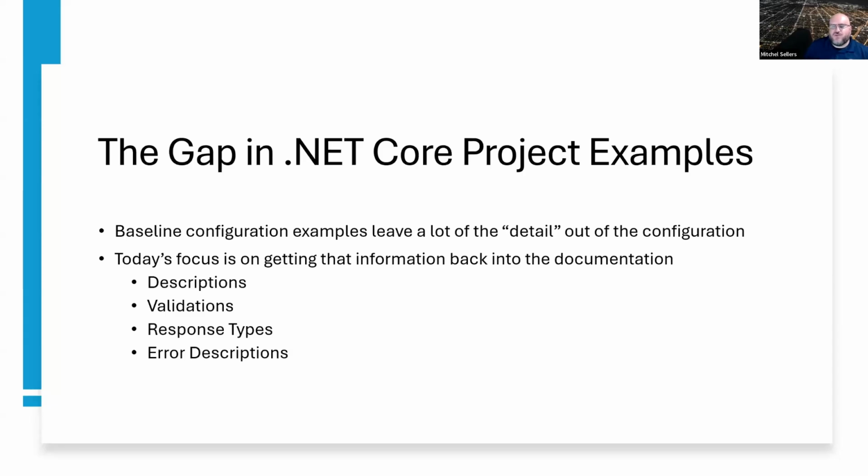Being able to give our users not only, hey, this is a method that does this, but it is of this data type. It has these required fields. It has these examples. It has these response types, and each of these response types has a different structure. And that structure for this response type is X. And error descriptions to say, hey, if you get this error code, here's where you went wrong, rather than them having to guess what they might have done wrong.